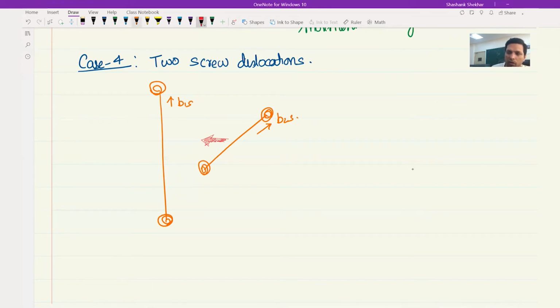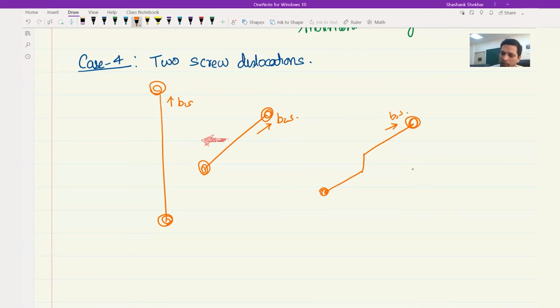So after intersection, this is how it should look like. So this is the step, and clearly part of it was moving on this plane, and part of it has moved to the bottom plane, and therefore this is a jog.